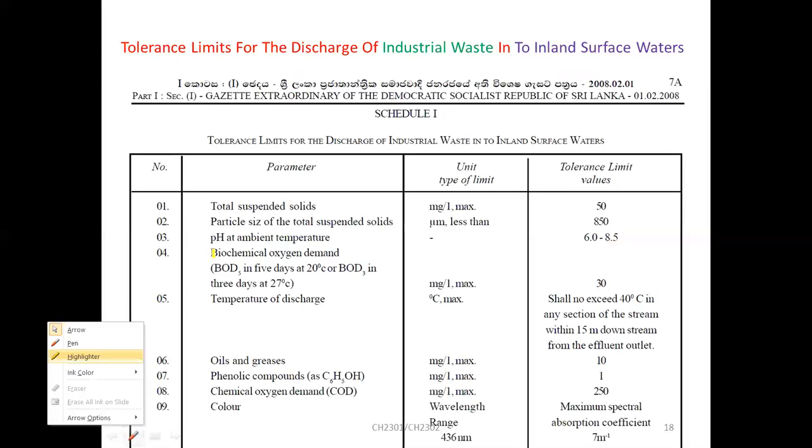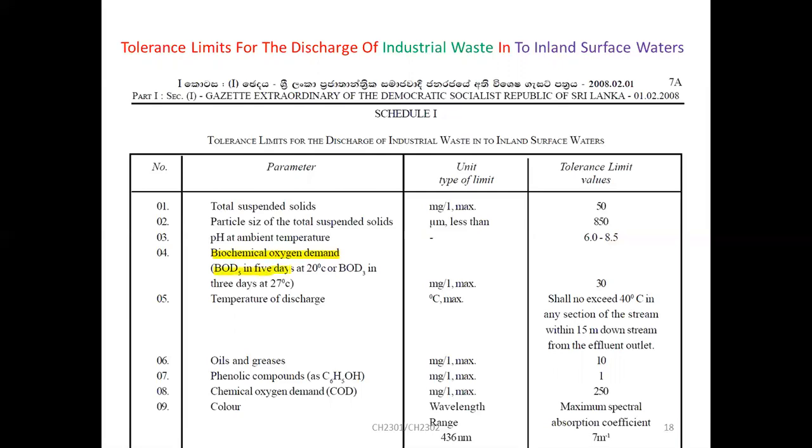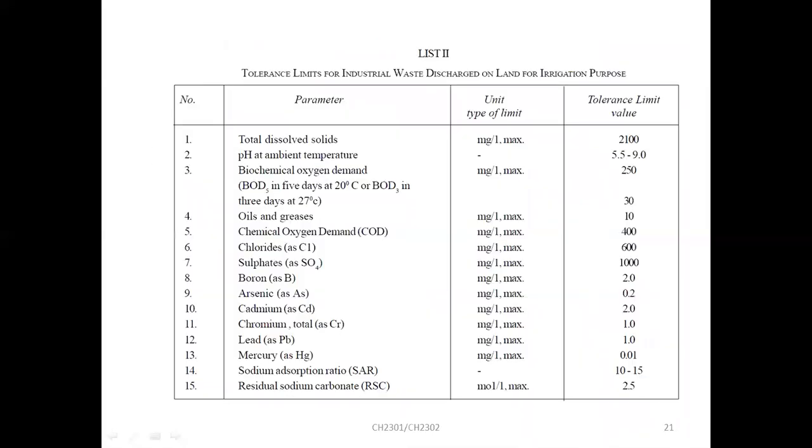Here we see BOD 5, BOD 3, it is 30. Then in our next tolerance standard, the BOD value is 250, and the COD value is 400.